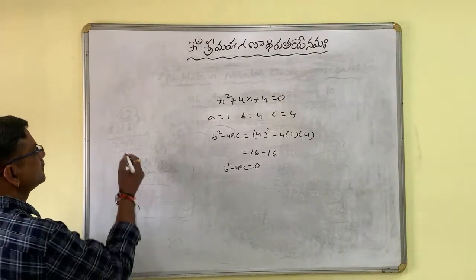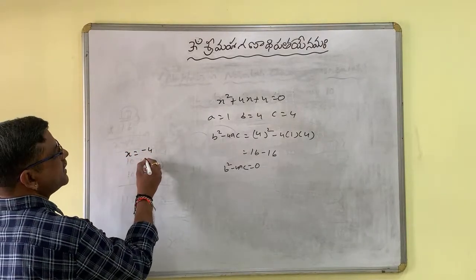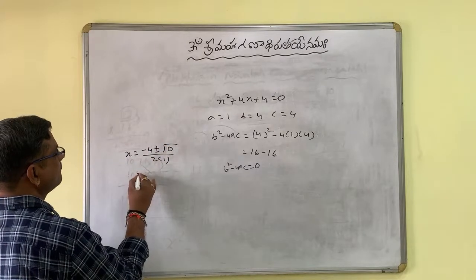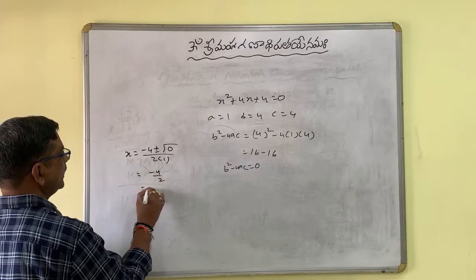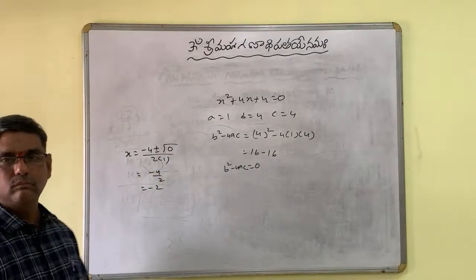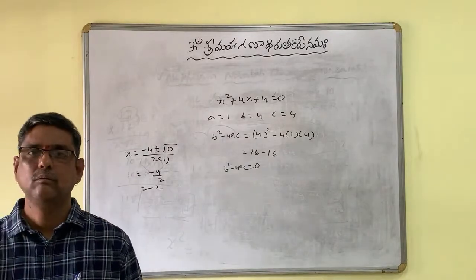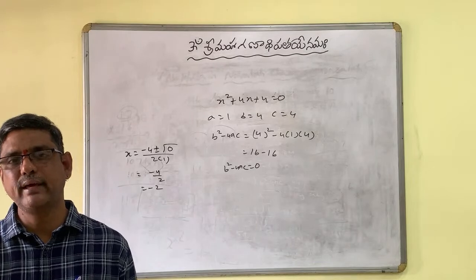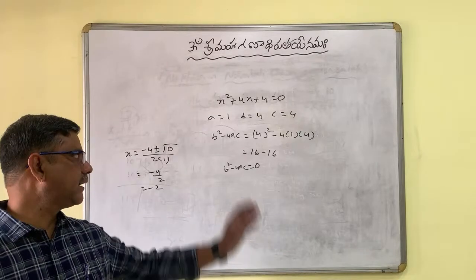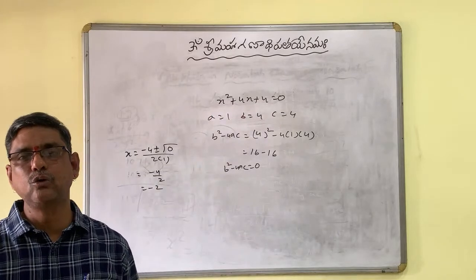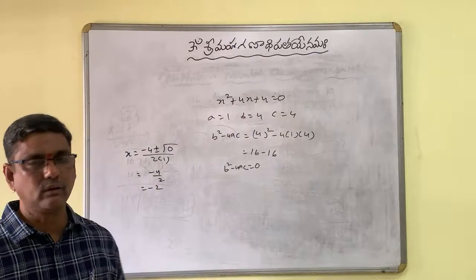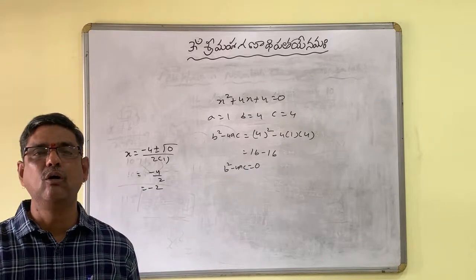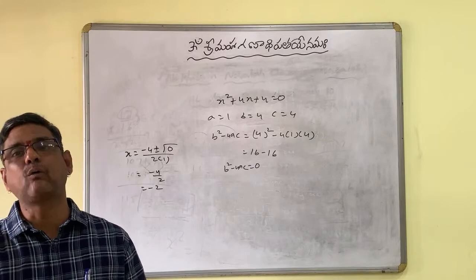Now find out the roots. x is equal to minus b plus or minus root over b square minus 4ac by 2a. అంటే minus 4 by 2, అంటే minus 2. అదే ఒక్క వాల్యూనే వచ్చింది. Quadratic equation కదా, we need to get two roots na, but we got only one root. అందుకనే ముందే చెప్పాడు కండిషన్, if b square minus 4ac is 0, then the roots are real and equal.